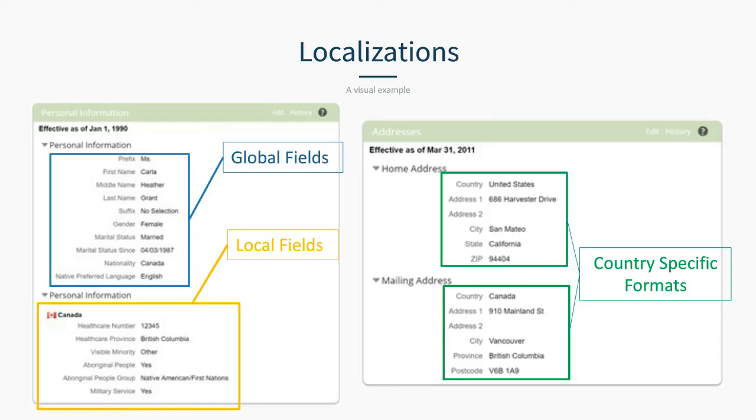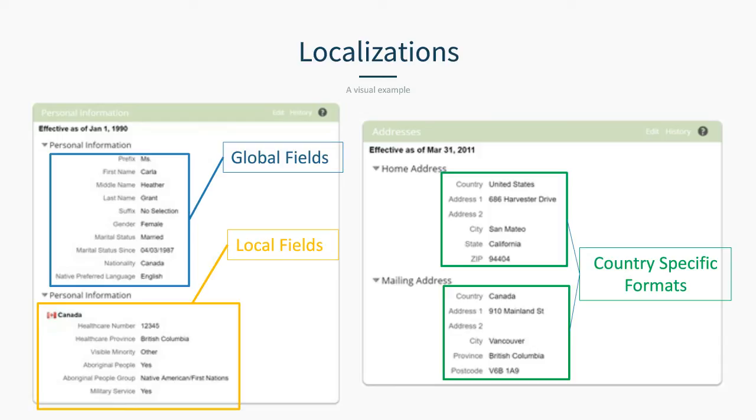So rather than somebody typing in CA or typing in the full word California and having that discrepancy between data, this is a drop-down list that's predefined only with states that are in the United States. So that drop-down list is specific to the United States.